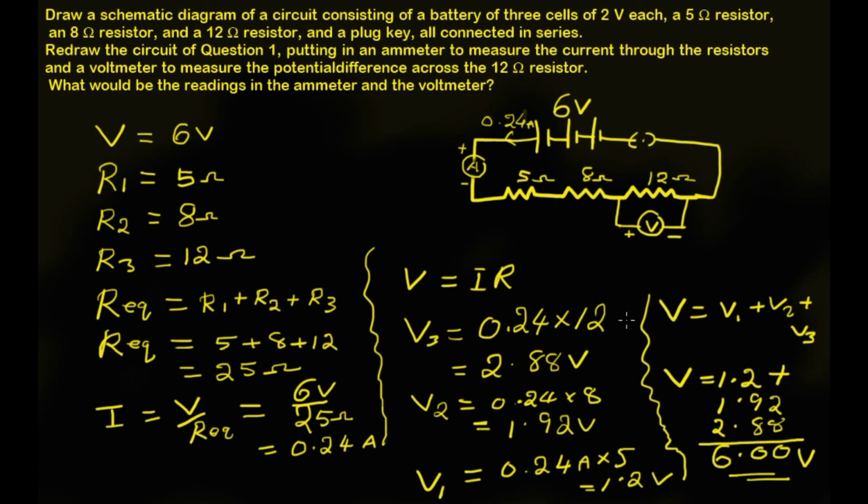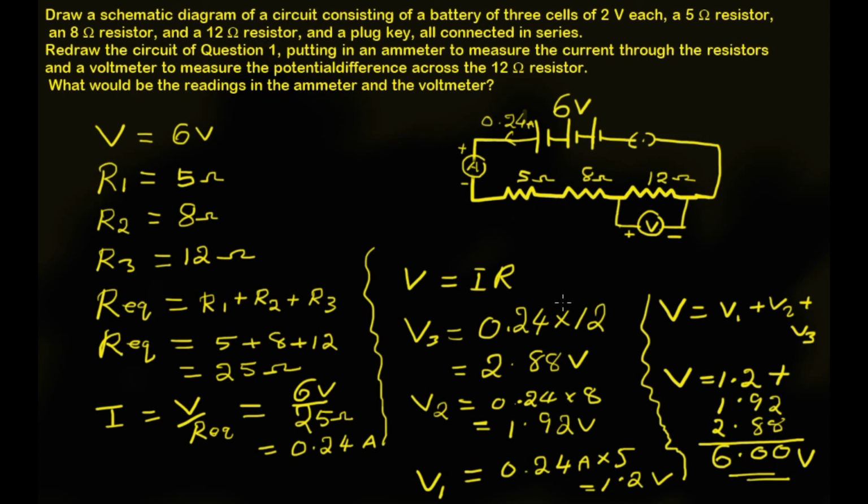So what we can see here, the voltage is divided among the resistors according to the resistance value. We can see here the highest resistor 12 ohm got 2.88 volt drop, and the next one below, the 8 ohm resistor, got 1.92 volt, and the 5 ohm, the smallest value of resistor in this combination, got 1.2.